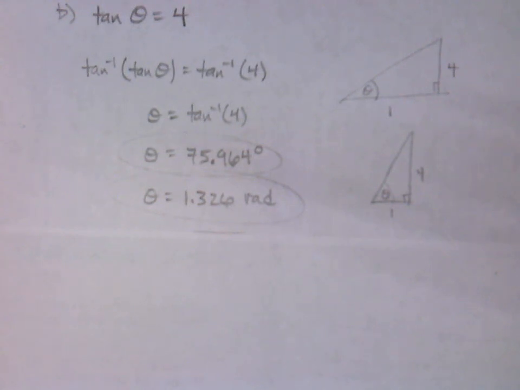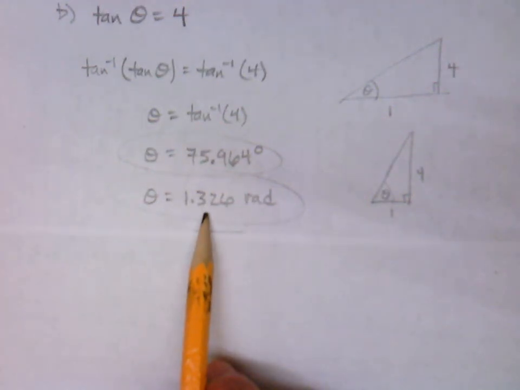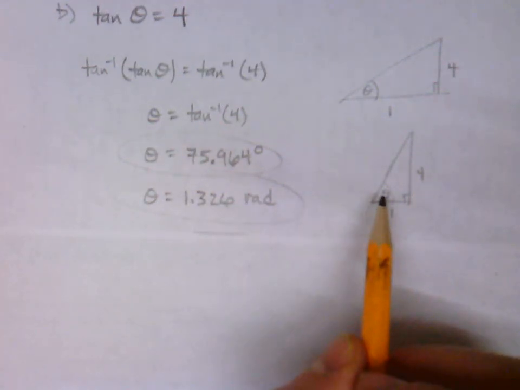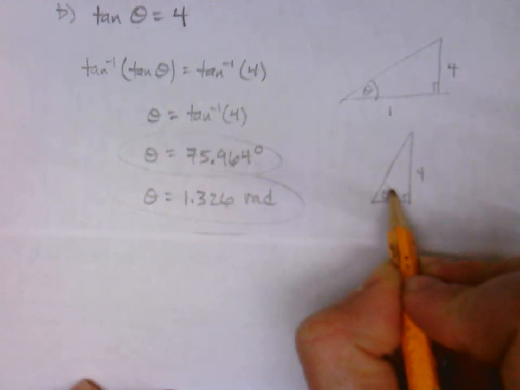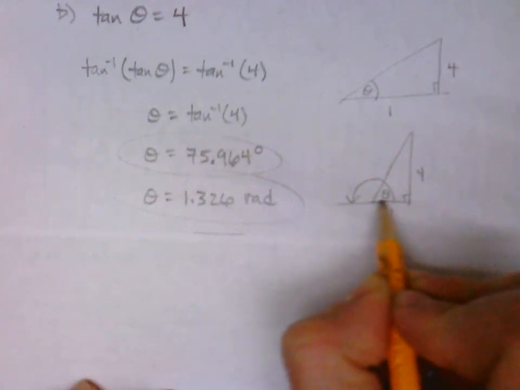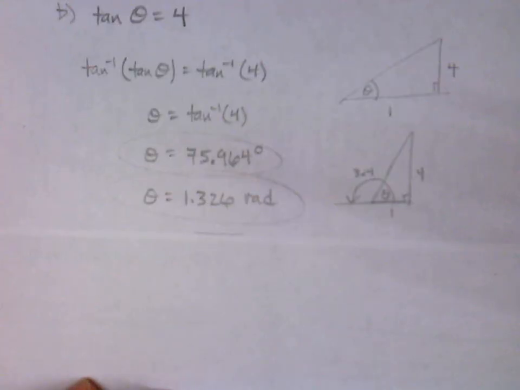I also revealed my answer in radians here. If I convert to radians in my calculator and do the inverse tangent of 4, I get 1.326 radians when I round it. To make more sense of a number like this, remember that if I went around 180 degrees, that would be pi, 3.14.